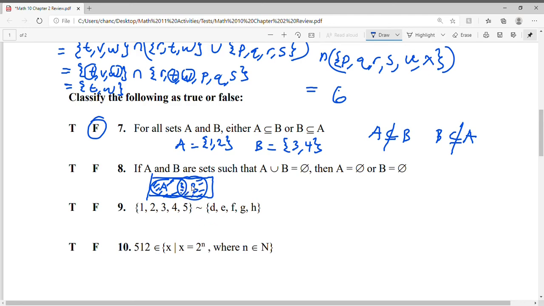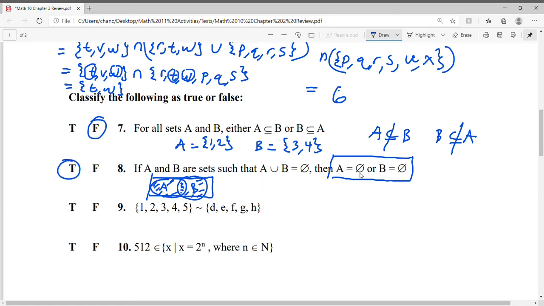So if they have anything in common, we would put it here, or if it's in set A or in set B, we would put it here. But in this case, they appear to have nothing in common, and each of the sets is empty. So yes, I would agree that this is a true statement.